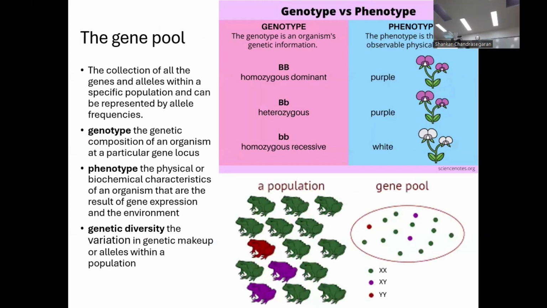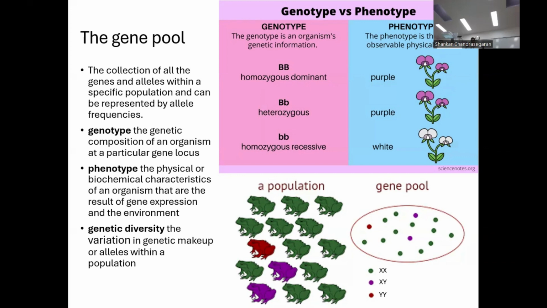So that's what a genotype is. Genotypes are both the alleles combined. That is referred to as genotype. That is the genetic composition of an organism at a particular locus. So it will always have two alleles present for the genotype. For the phenotype, that's basically the expression of that genotype. So by having a homozygous dominant genotype, what is the expression that will come about?